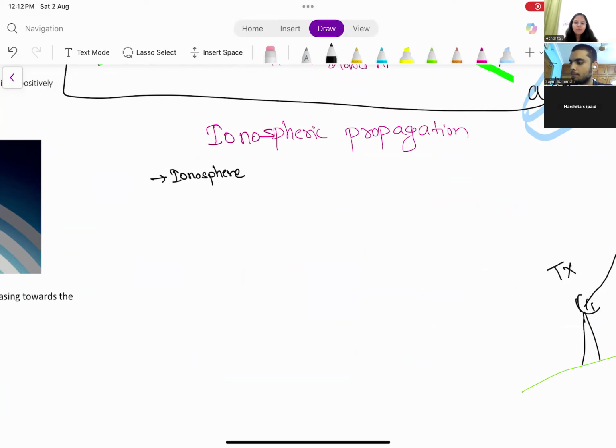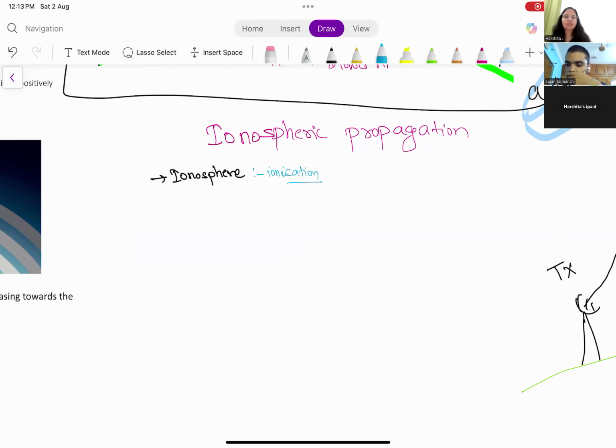You must have studied in meteorology about the ionosphere. What do you understand about the ionosphere and what all happens there? Do you remember anything from met class? Ionization happens.